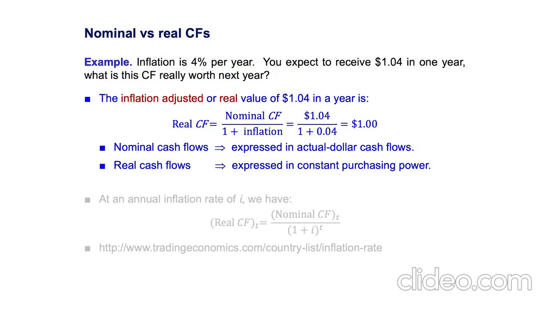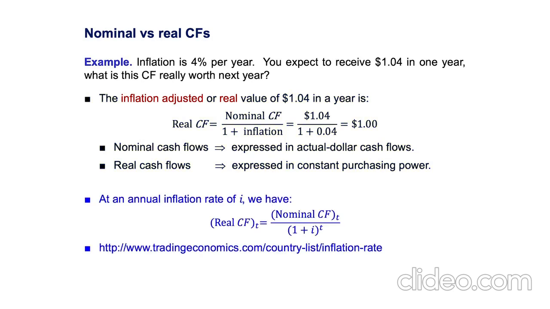The inflation adjusted, or the real value of $1.04 in 1 year, is given by its nominal value, namely $1.04, deflated at the annual inflation rate of 4%. That will give us $1. That is the actual purchasing power of this cash flow in 1 year, namely the real cash flow.